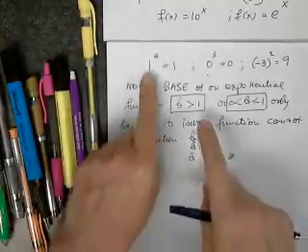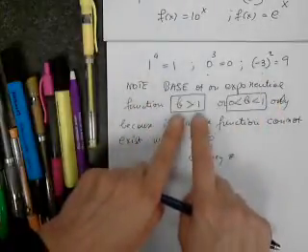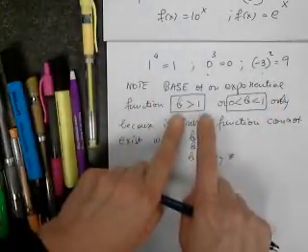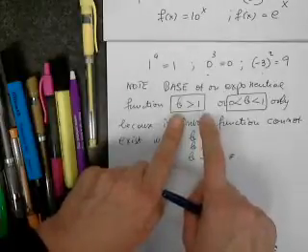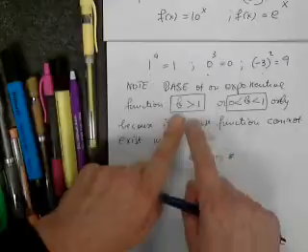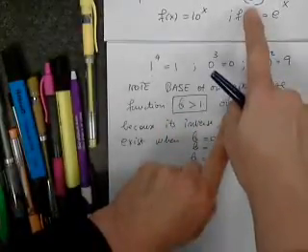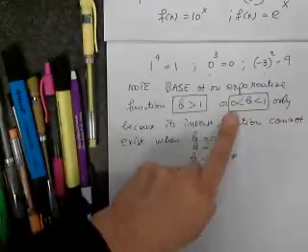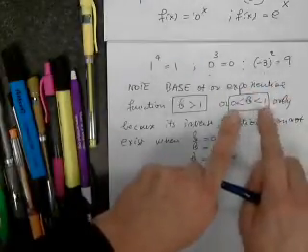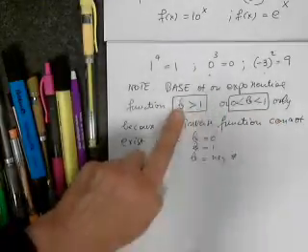So that's the only reason why the base of the exponential function must be either a number greater than 1, like 1.1, 1.3, 5, 6, 10, e, or a number between 0 and 1, like 1/3, or 1/2, or 1/5, or 1 over 16. Any positive number between 0 and 1, or any number greater than 1.